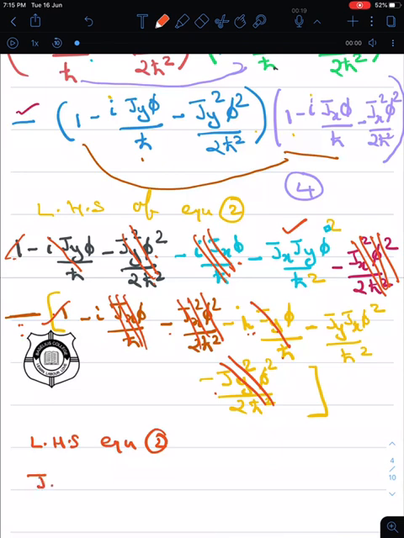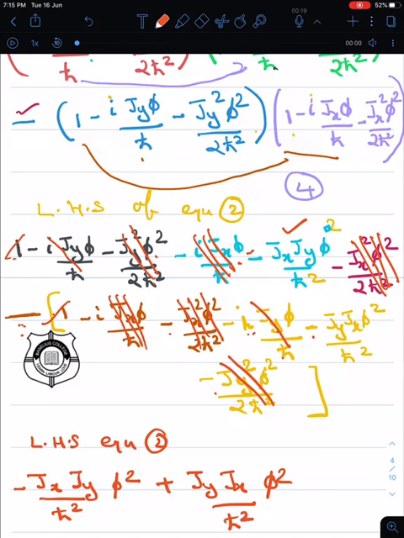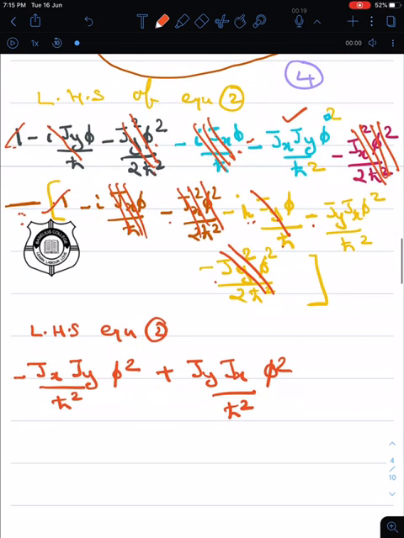It becomes a beautiful equation. Just look, minus jx jy phi square by h cross square. That is a minus term here, and then minus and minus becomes plus, so plus jy jx phi square by h cross square. So you can just see that you can take out phi square by h cross square, also a minus sign.